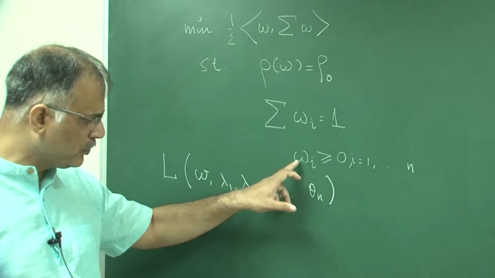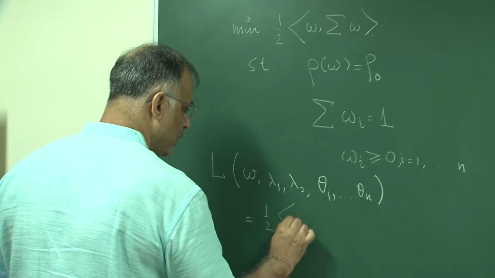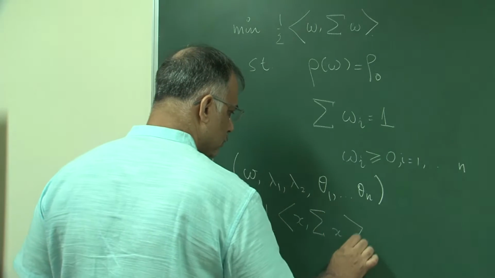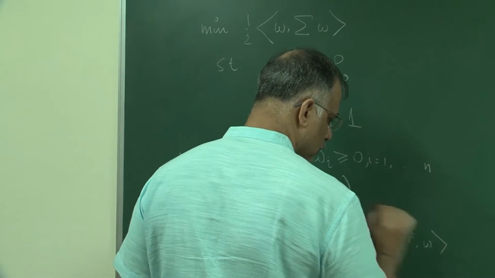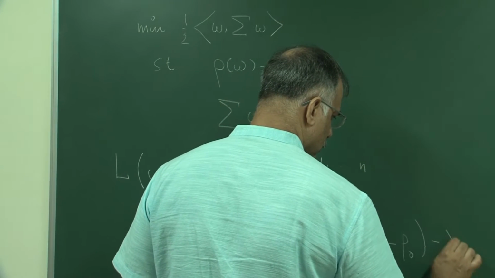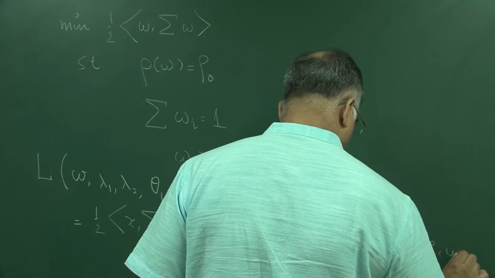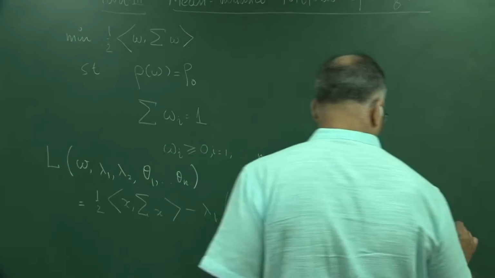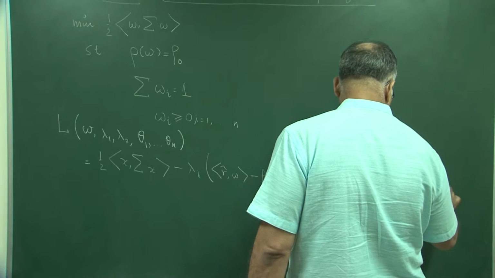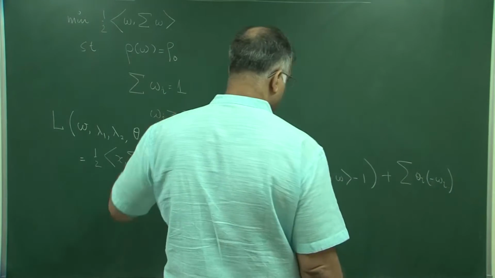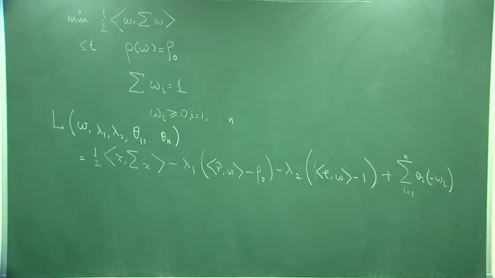These would be associated with these n non-negativity restrictions, and then this Lagrangian would become plus theta I minus omega I, because I will write it in the form of less than or equal to 0. So, that is your Lagrangian function now. You have changed the Lagrangian function.